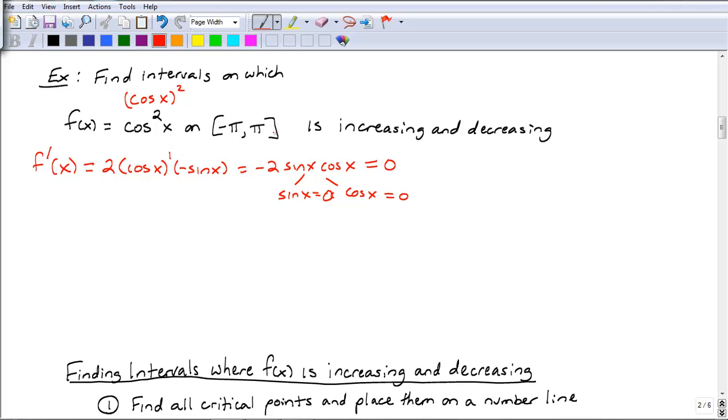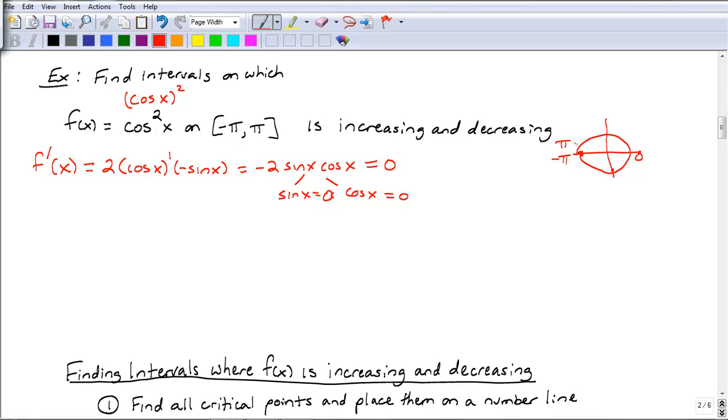Well, this is -pi to pi, so if you think about the unit circle. From -pi to pi, -pi is here, positive pi is here. That's the whole circle. So this is all the places it equals 0, but we've got to think about this as negative pi, 0, and pi.